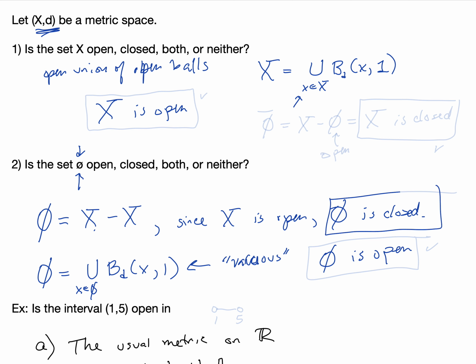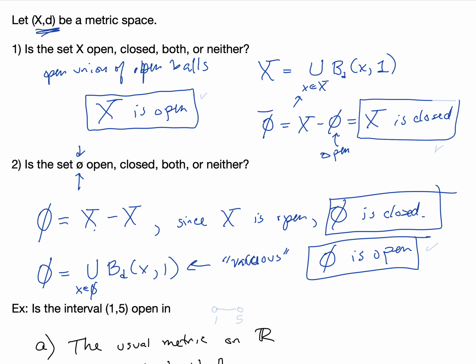So the empty set is closed and the empty set is open. Now this also tells us that along with being open, the entire set X is also closed. Why? Because the complement of the empty set, so that's the entire set X minus the empty set, is X. And since its complement is open, that tells us that X is closed.